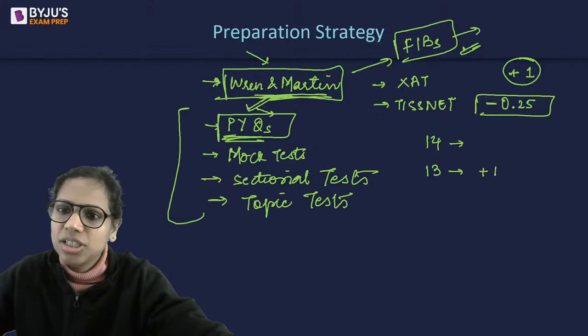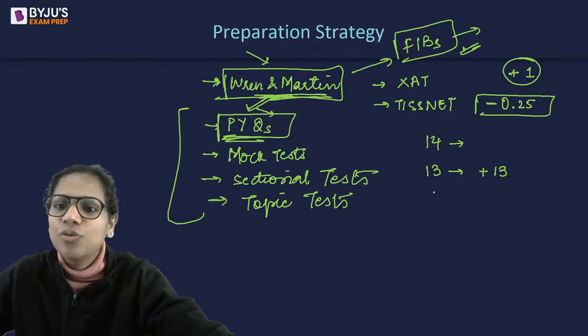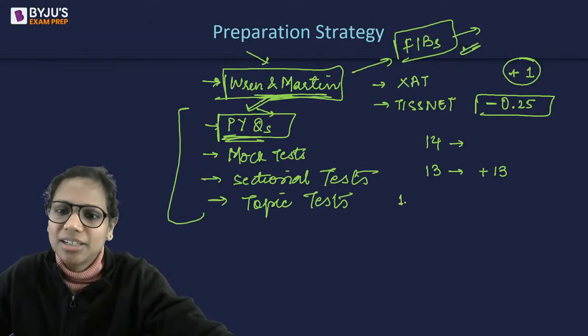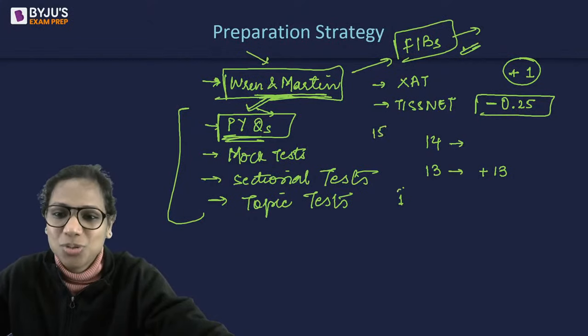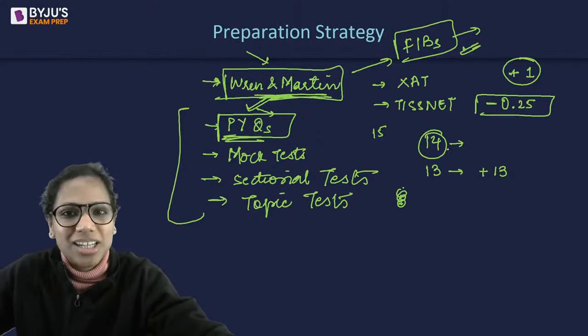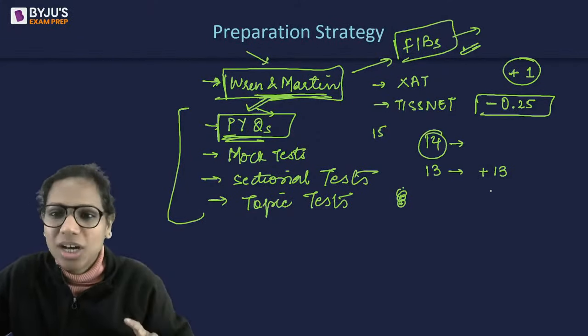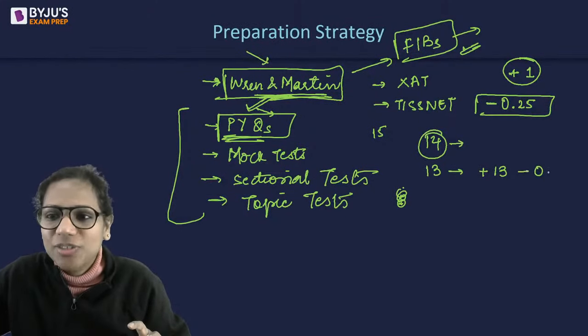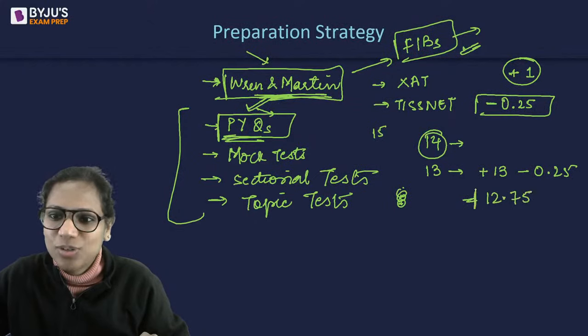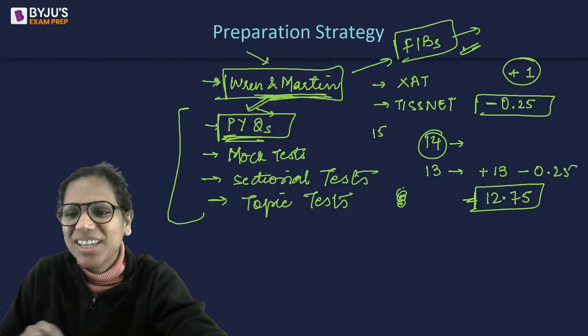So for these 13, I'll get a +13. For the one that I got incorrect, okay wait a minute, I attempted 14, right, 15 is the total, I am so sorry. So I attempted 14, so for the 14th one that I got wrong, I will get a negative 0.25. So my marks become 12.75. Okay, this is how the calculation is done.